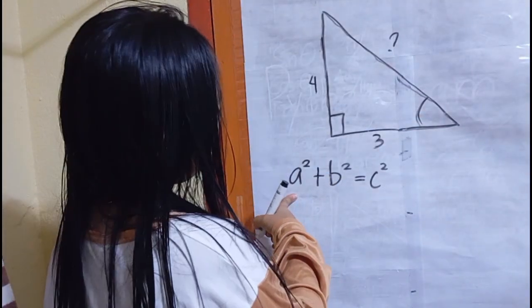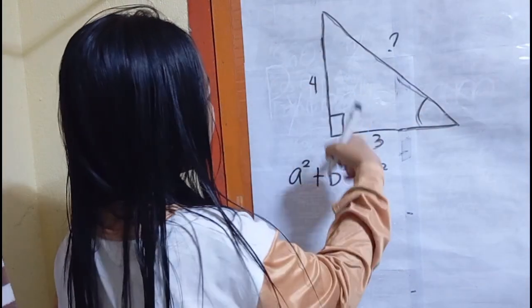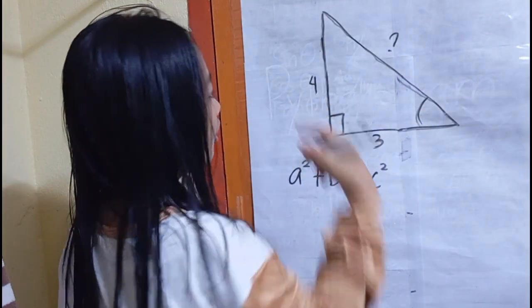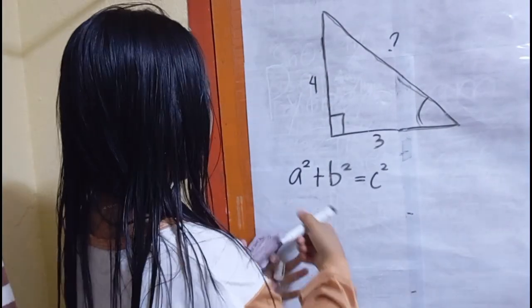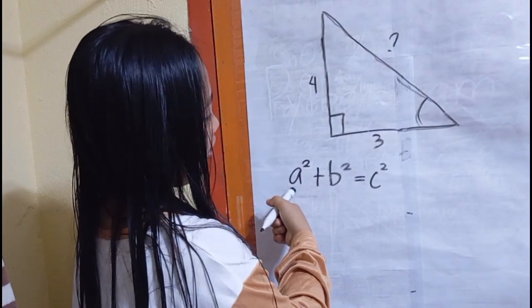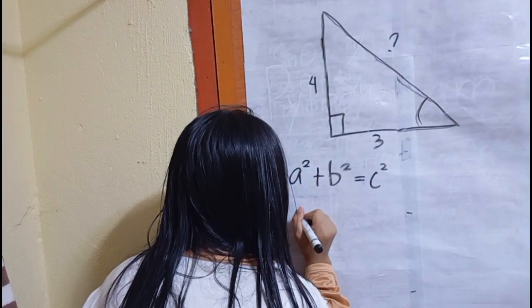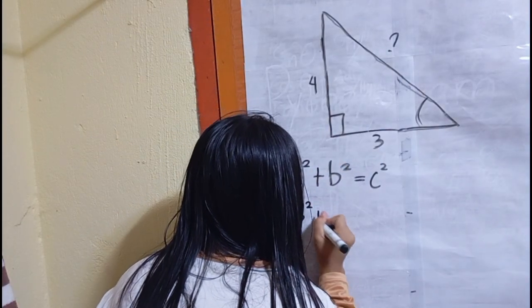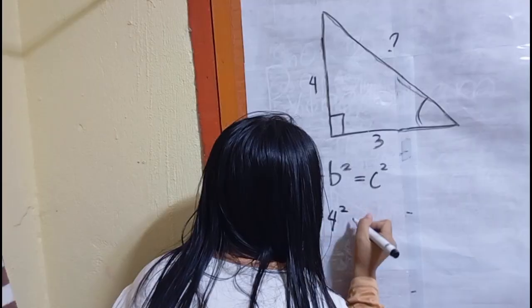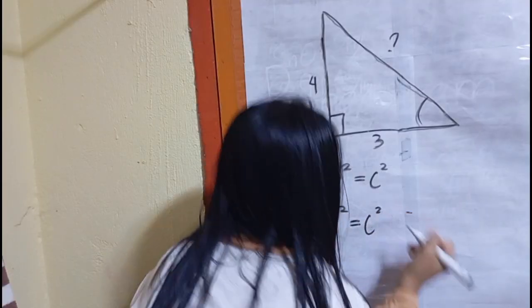It means that for the two short legs, we need to change the variables into constants. So 3 squared plus 4 squared is equal to c squared.